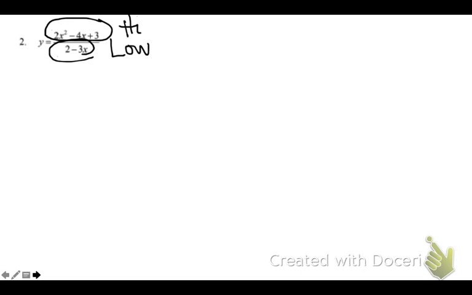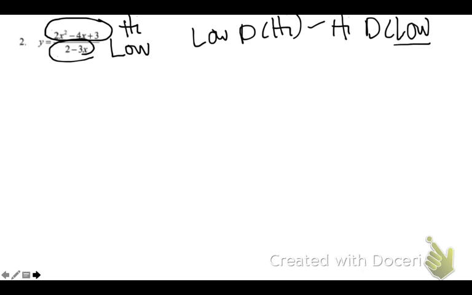So we have low d high less high d low over the denominator squared.